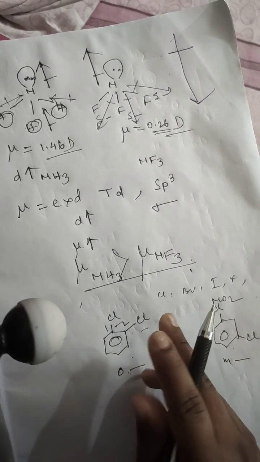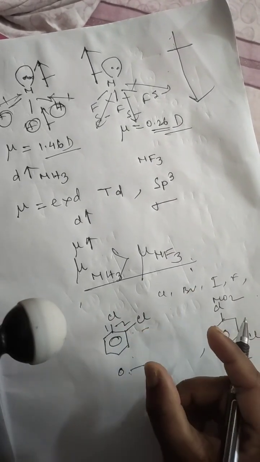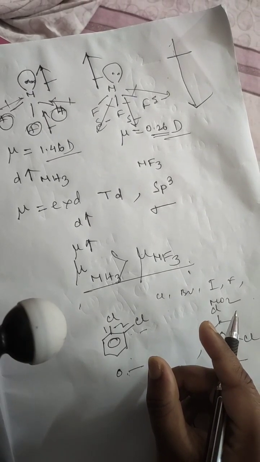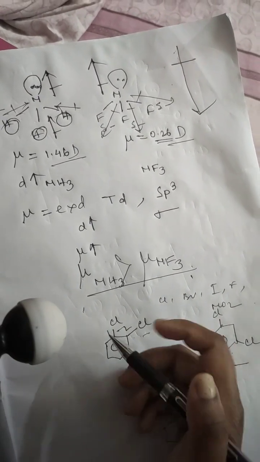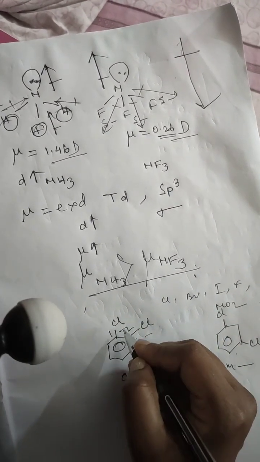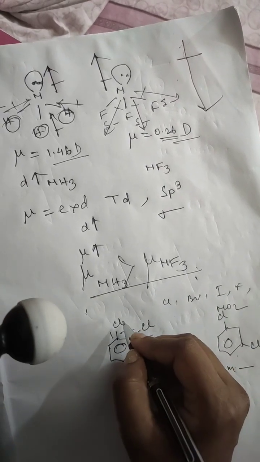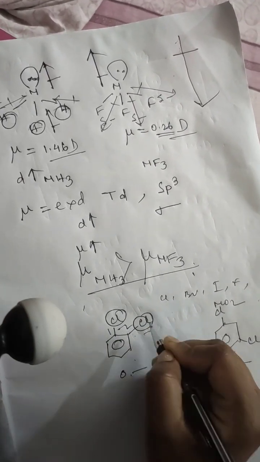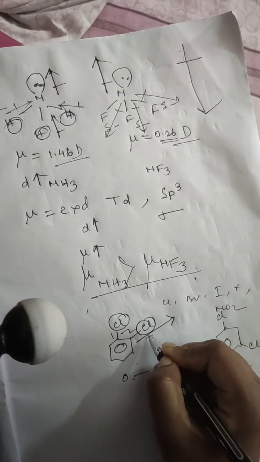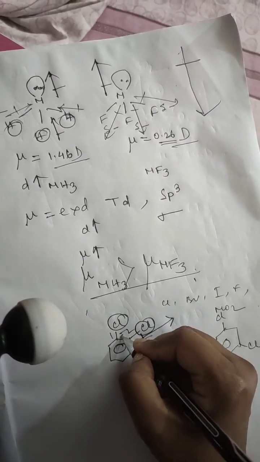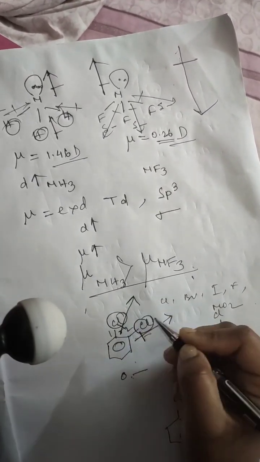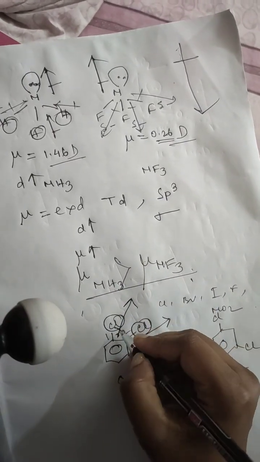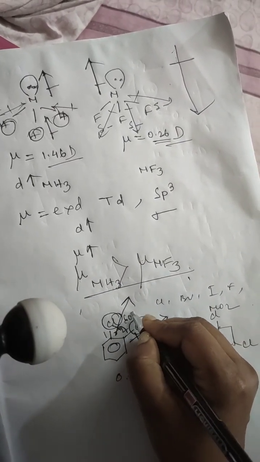In places 1 and 2, the distance is small, so the electronegativity goes in almost the same direction, and the bond angle is almost 60 degrees.